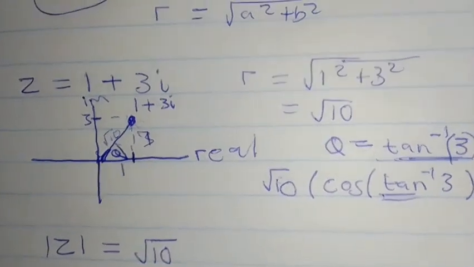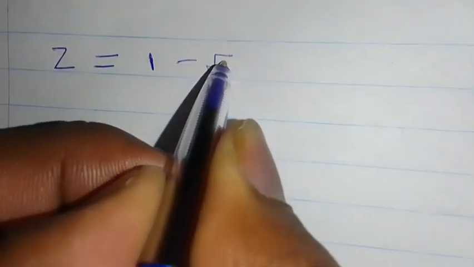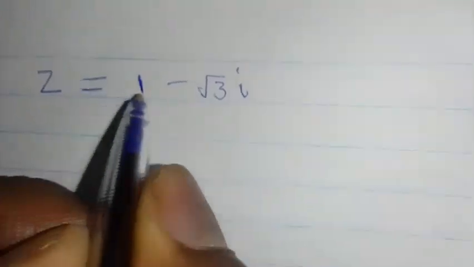So technically you can see that it's not that complicated really, but let me show you something very quickly. Now let's suppose that we have z equals 1 minus root 3i, and this is in rectangular form.